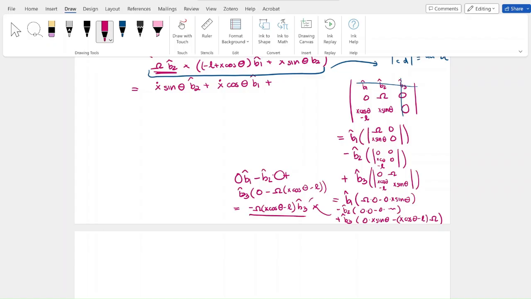So we can just put that back up here as negative omega x cosine theta minus L b3 hat.